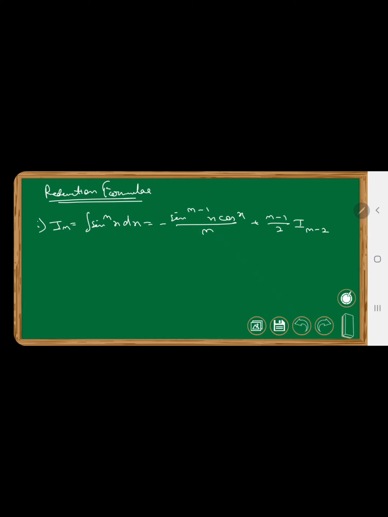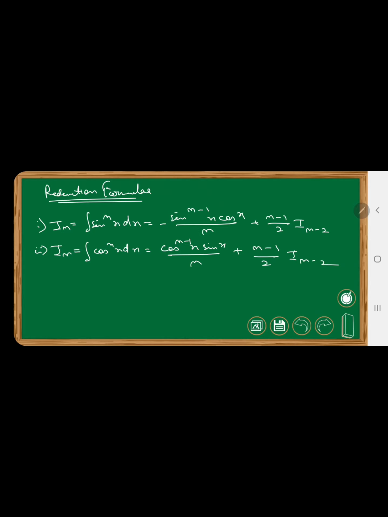Okay, I_(n-2) means integral sin^(n-2)x dx. Clear? The second formula is the integral cos^n x dx, which is cos^(n-1)x sin x over n, and plus you have (n-1)/n I_(n-2).